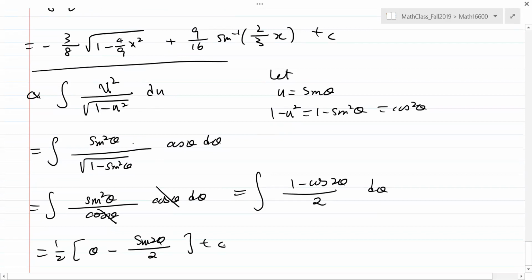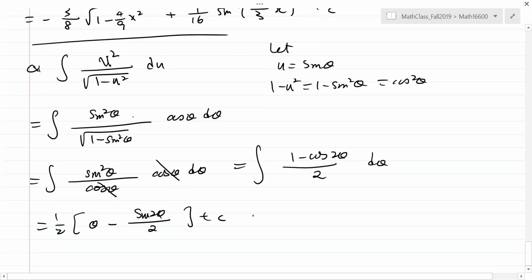All right. So sine 2 theta is going to be sine theta cosine theta, so we get sine theta cosine theta plus constant divided by 2 to cancel out. So sine theta is u, cosine theta is square root of 1 minus u squared.